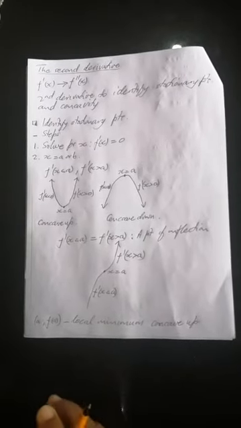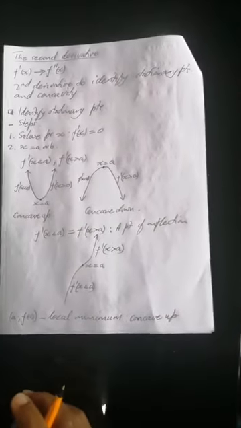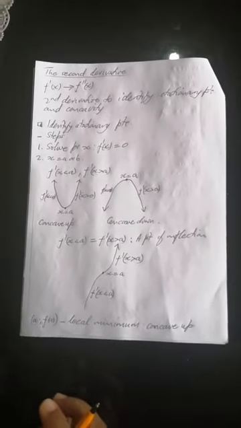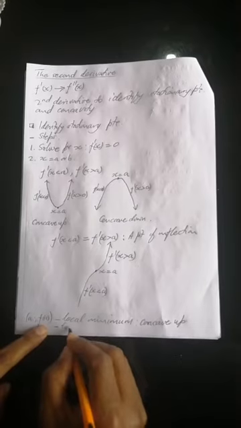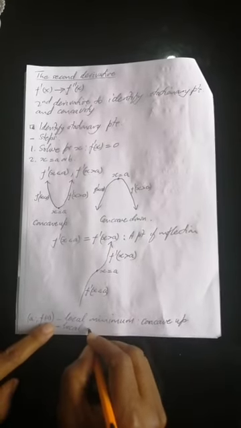Now again, if f dash of x is greater than 0 for x less than a, and f dash of x is less than 0 for x greater than a, then the point a, f of a, is a local maximum.